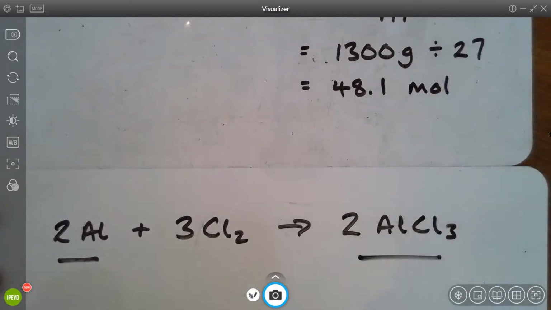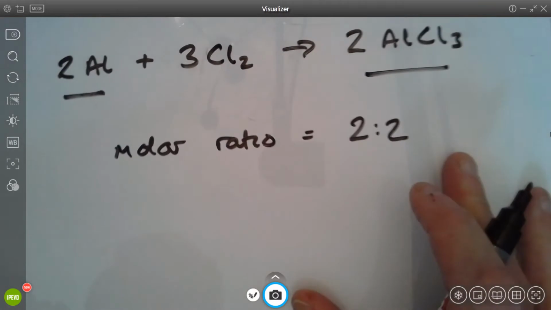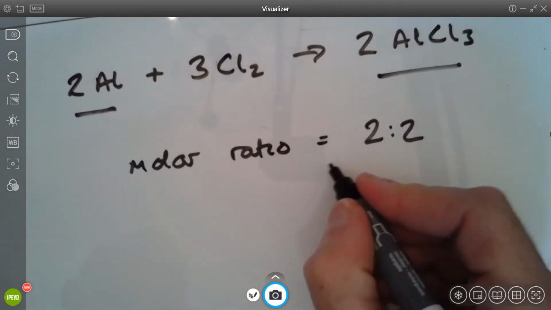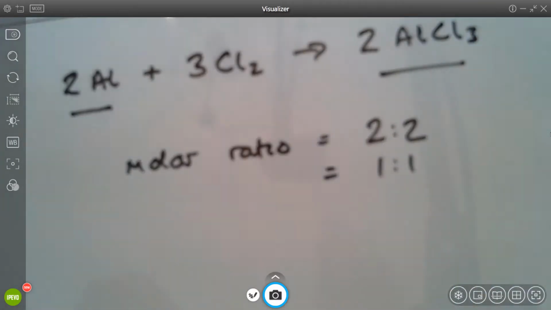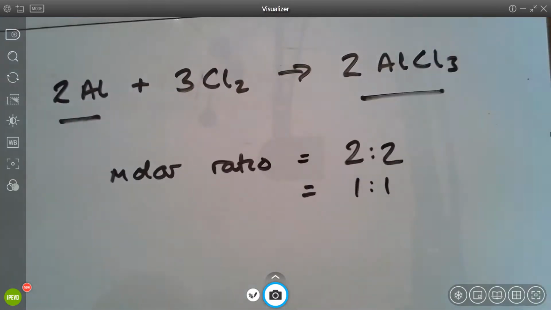The molar ratio is 2 to 2. Now we can simplify that simply to 1 to 1. So what we're saying is if we start off with 2 moles of aluminium, we'll end up with 2 moles of aluminium chloride. If we start off with 1 mole, we'll end up with 1 mole. If we start off with 4 moles, we'll end up with 4 moles, etc.